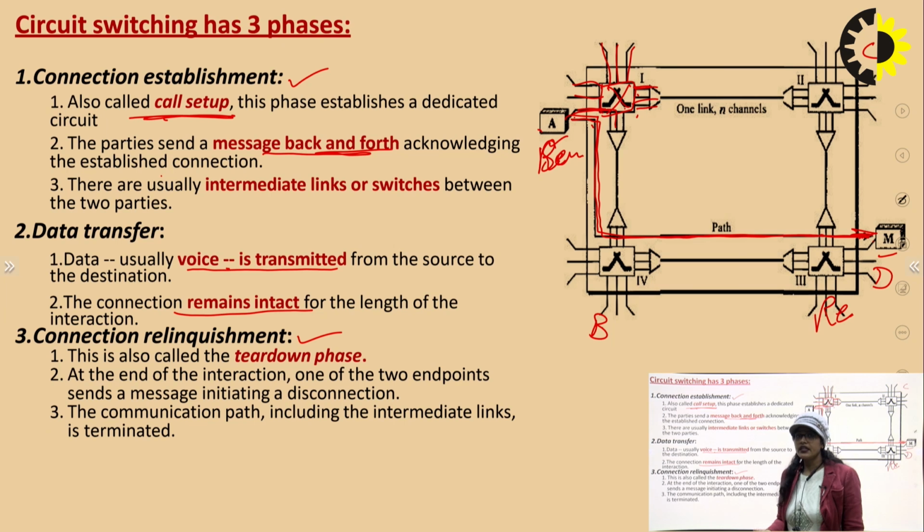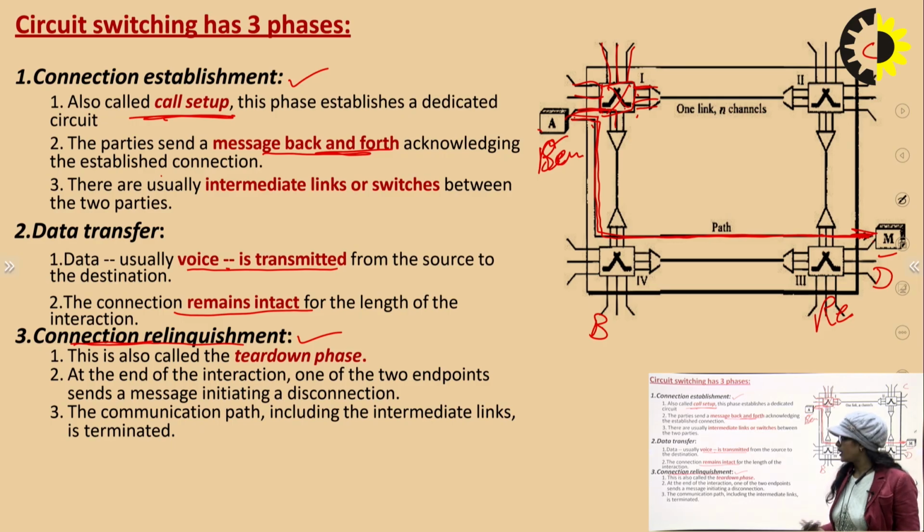And after that, when you finish your communication and your message has been delivered, there is the need to release your connection, because if you are not releasing it, then this dedicated link is not available to other users. So it is a requirement. If your communication is finished, then you release the particular connection.